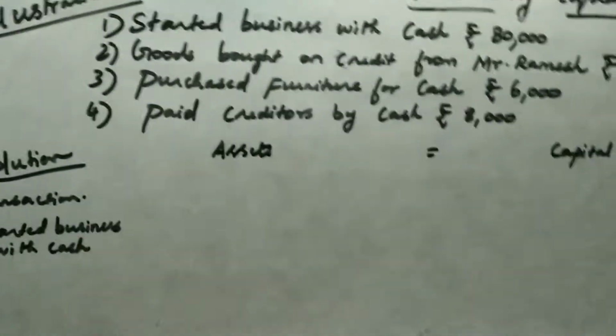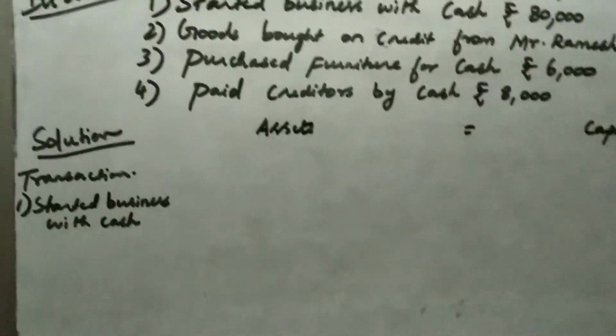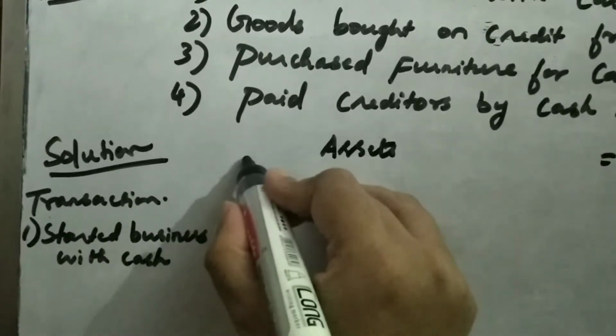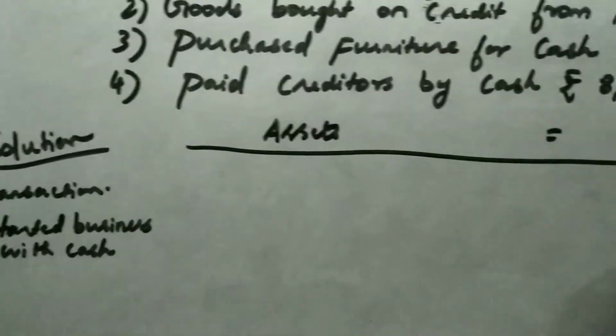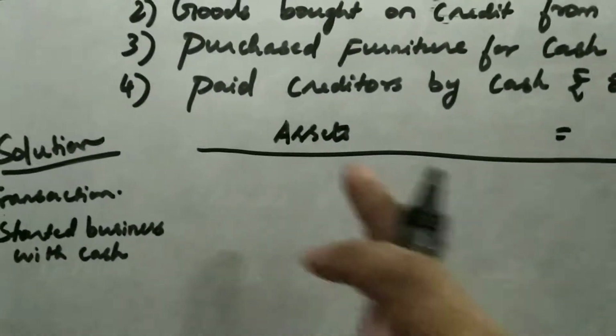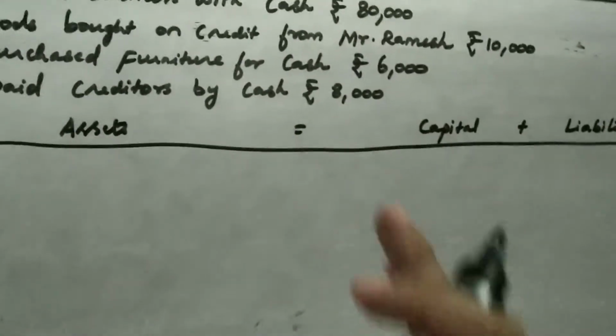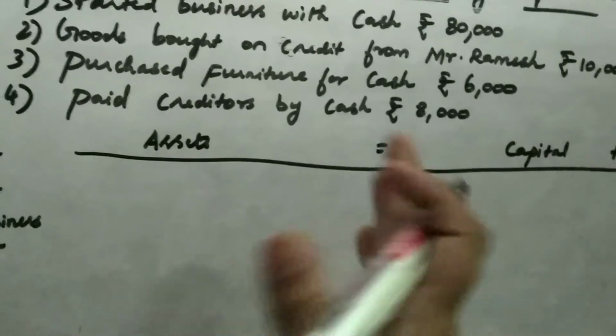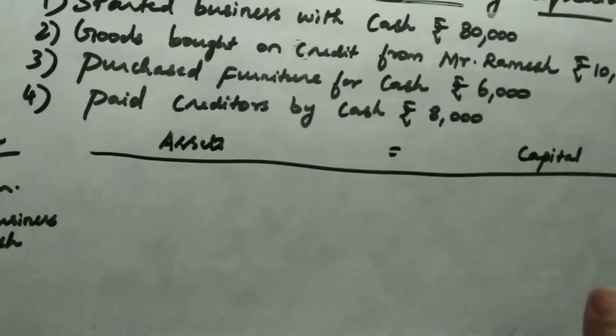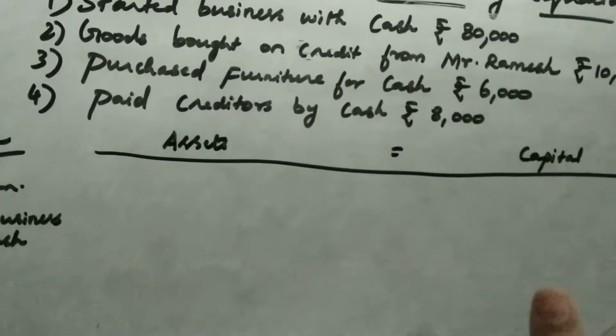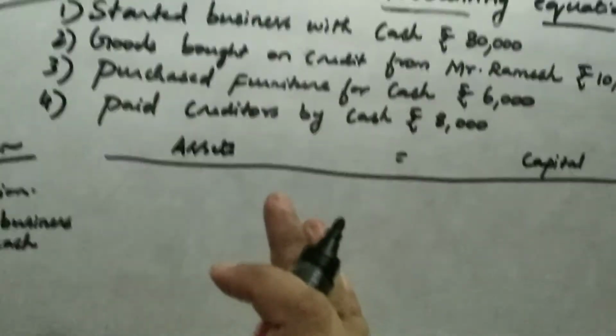So, let us now look into the solution. You have these columns. At the top of your page, you write assets is equal to capital plus liabilities. It is better, children, when you take your notebook, to use both the sides in your accountancy notebook. Take a fresh page.